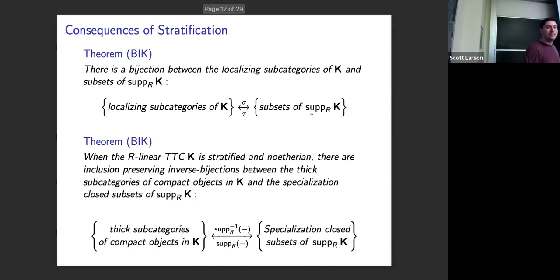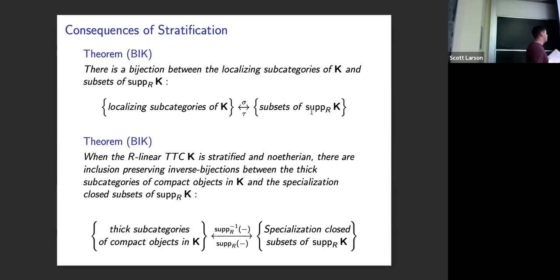Okay, but anyway, let me say why stratification is useful. It answers the classification questions from before. If you have an R-linear TTC stratified by the action of R, then you get a bijection between the localizing subcategories of K and subsets of the R support.